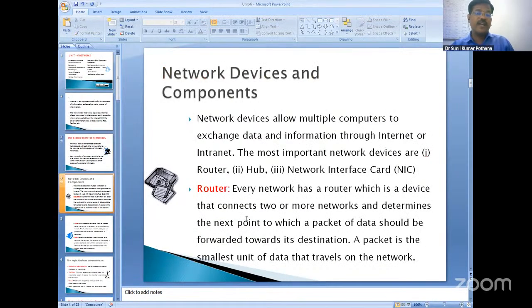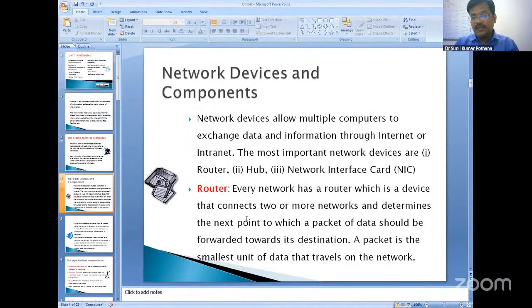Network devices and components. Network devices allow multiple computers to exchange data and information through the internet or intranet. If within the company systems the data is transferring within the company computers, we call it an intranet.